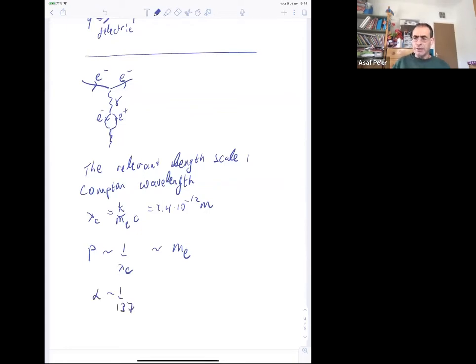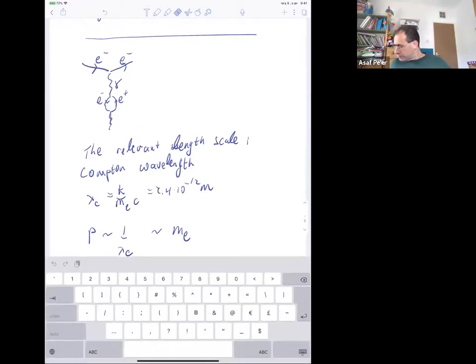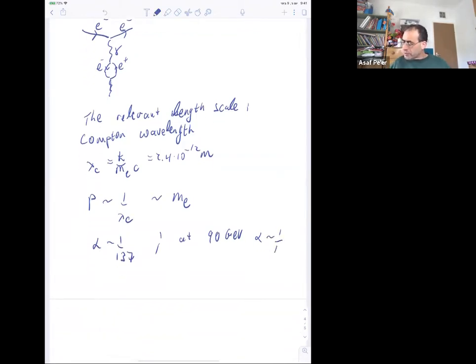But at something like 90 GeV, I'm talking about alpha, the electromagnetic coupling constant, it becomes of the order of 1 over 127.